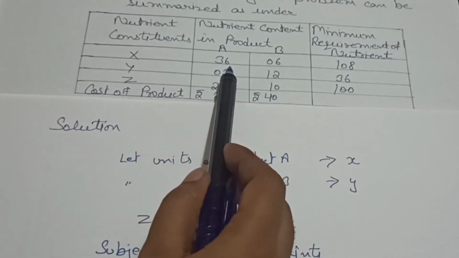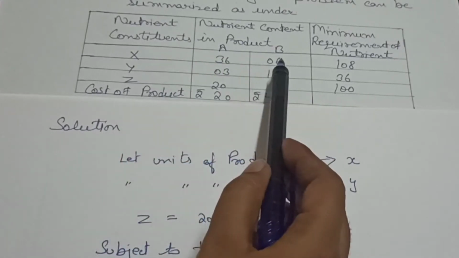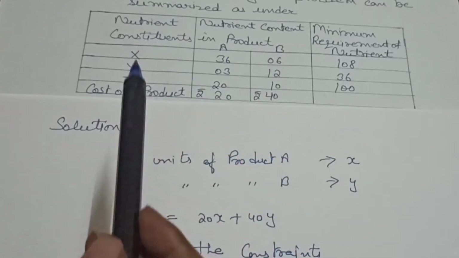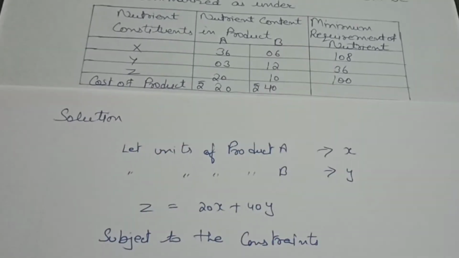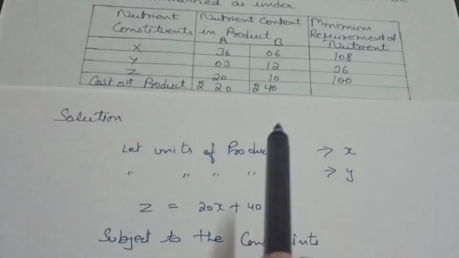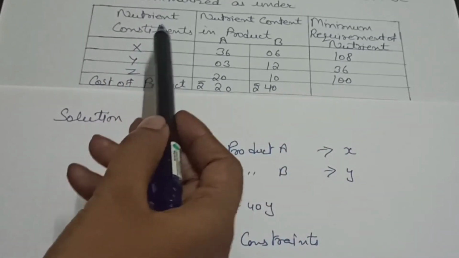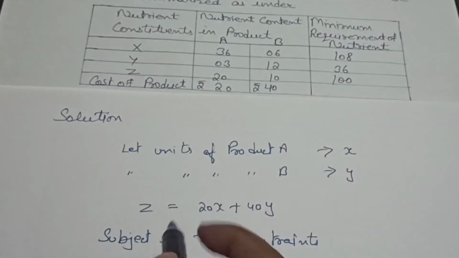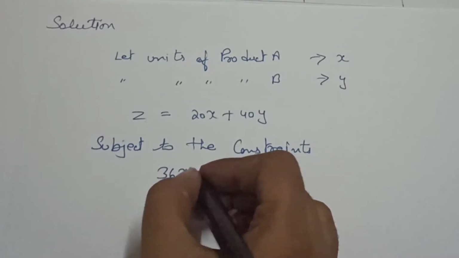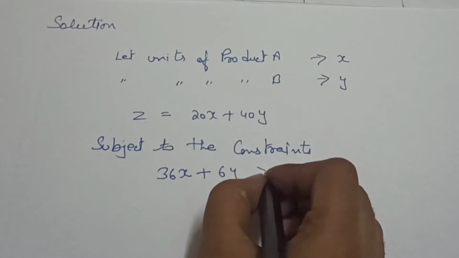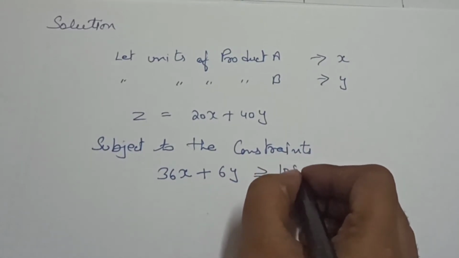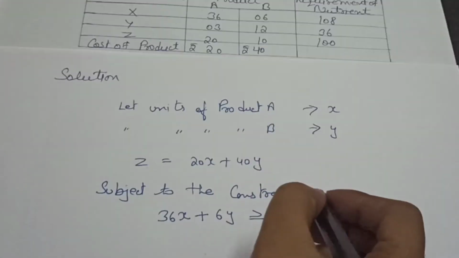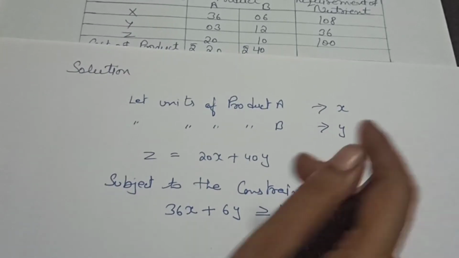We have 36 units of X and 6 units of X. So now we will make our equations. As you can see, for X we have 108 nutrients. So the equation will be like this: 36x plus 6y greater than or equal to 108. So this is our first equation.